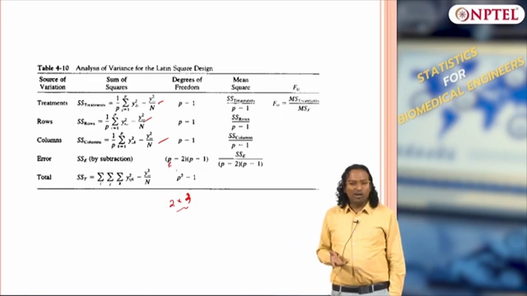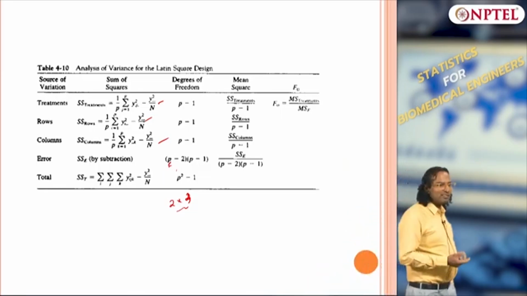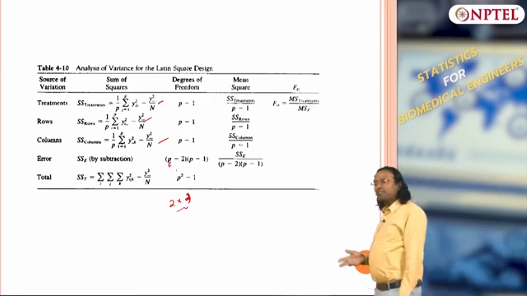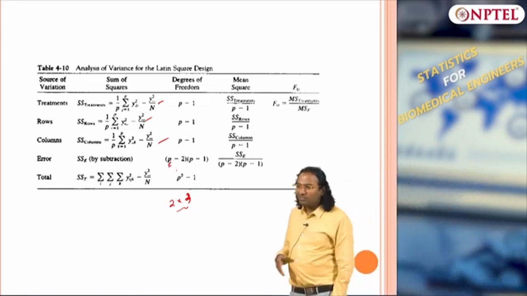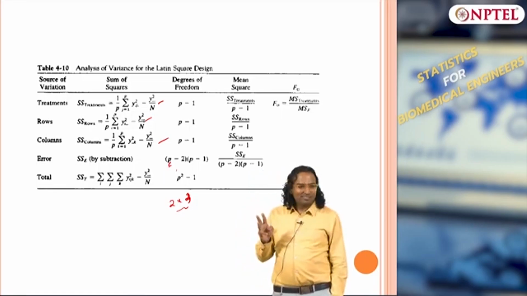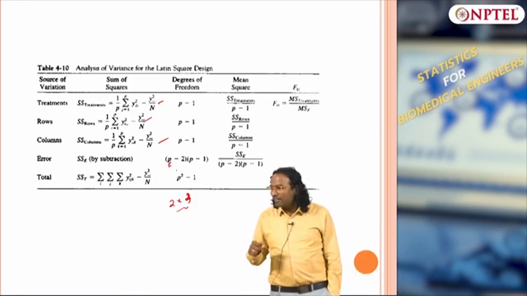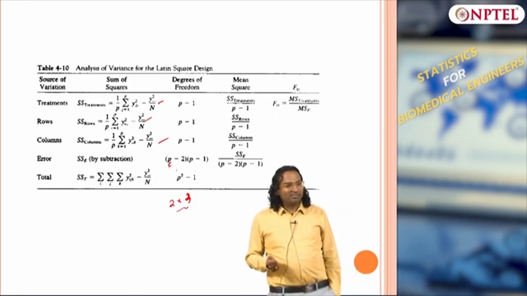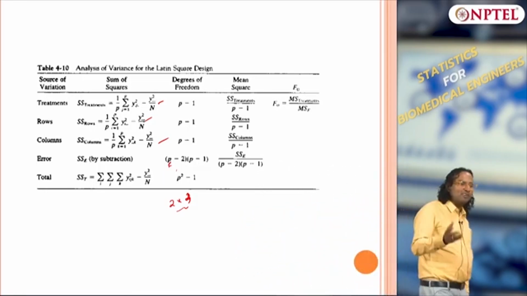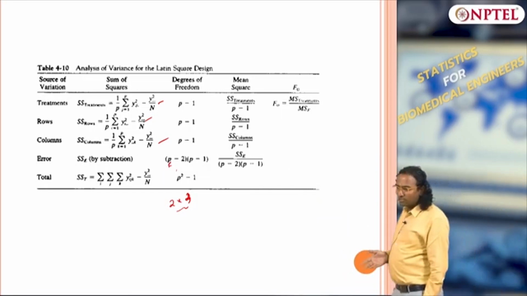Your experimental size is 4 cross 4, so you are doing only 16 experiments. That is on the lower side. And in 16 experiments, you want to talk about 3 factors, which are treatment, rows, columns, and then you want to say whether treatment is better or not. Very ambitious, right, with just 16 experiments. So that is where the problem is.